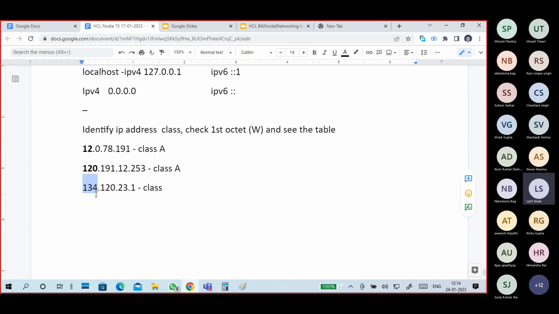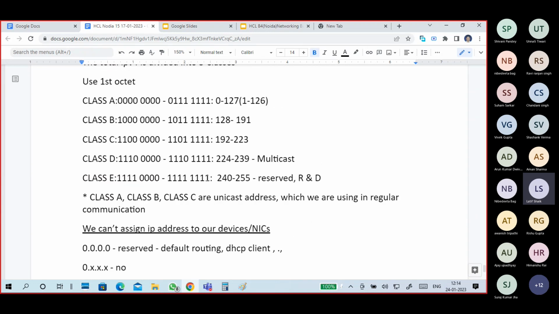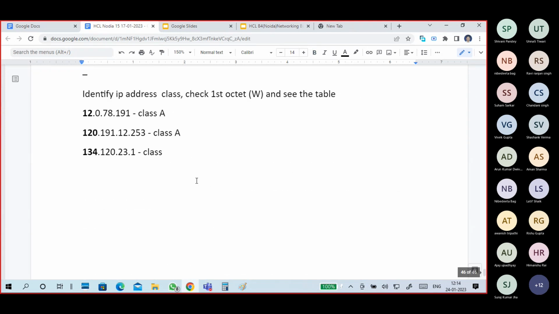How? 134 is in class B. If you don't remember that table, no problem. Just keep telling something, then I can understand you are getting something.